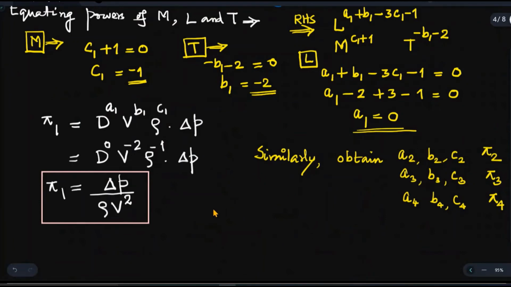So similarly, when you find out the second pi term, it will be L by D, simply L by D, because the other terms will vanish. So what do you understand from this?